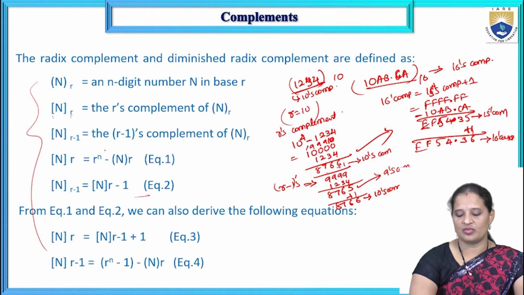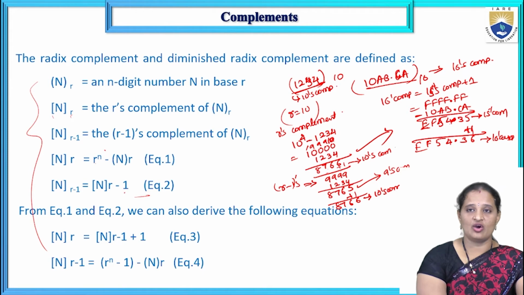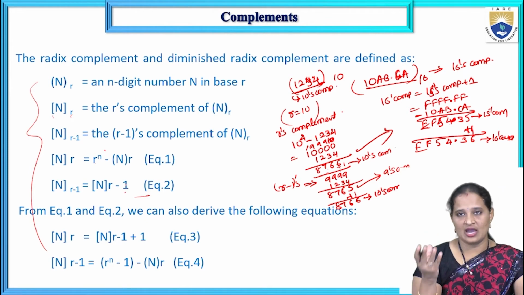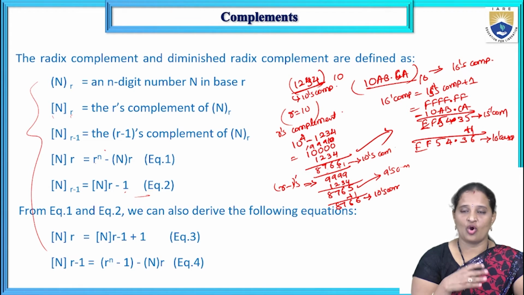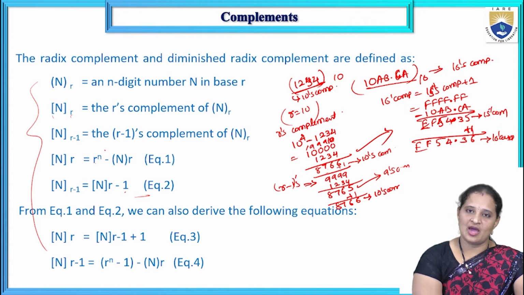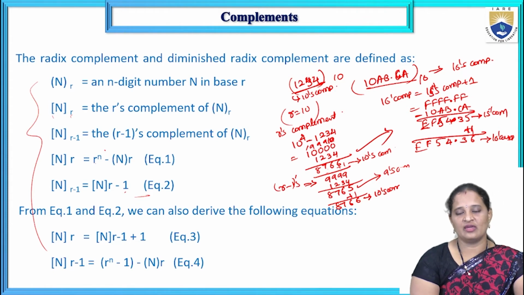This is my 9's complement: 8, 7, 6, 5. So either this way or this way. First you get the R's complement and subtract 1, then you get the R minus 1's complement. Or else first you get the R minus 1's complement and then add 1 to it so that you get the R's complement. Either way you can do it.